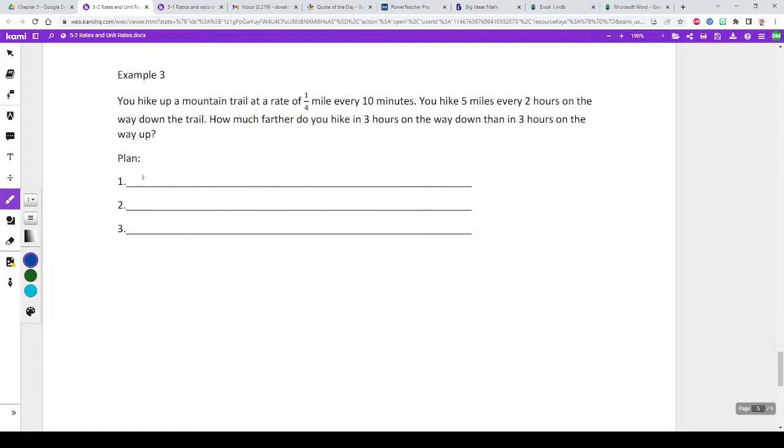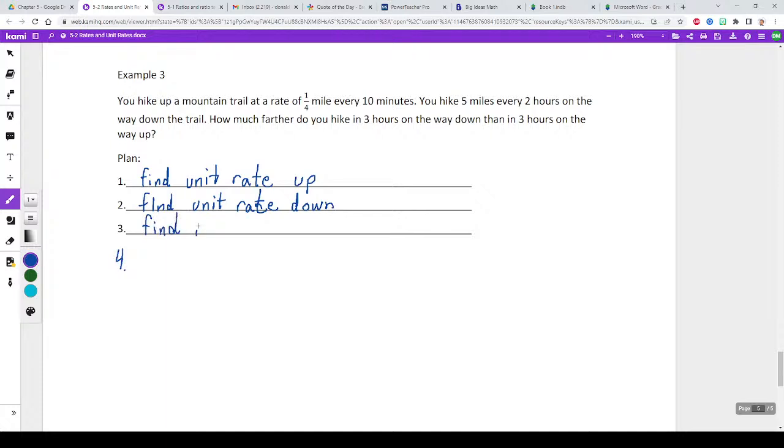So here's my plan, and there will be a step 4. Plan. Find unit rate going up. Find unit rate going down.